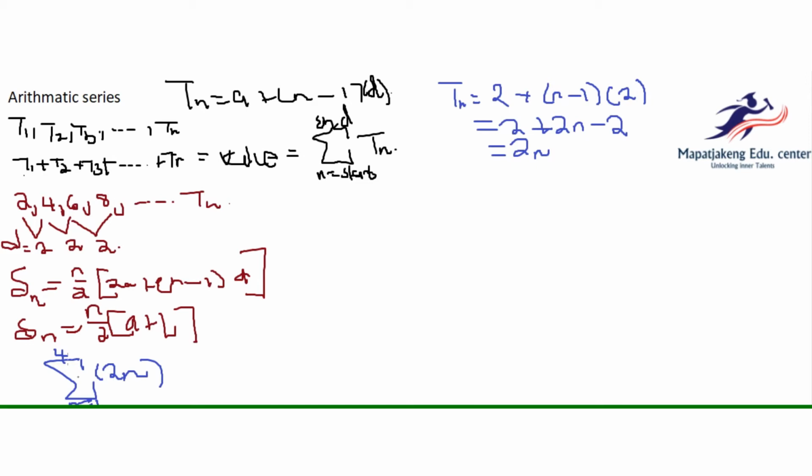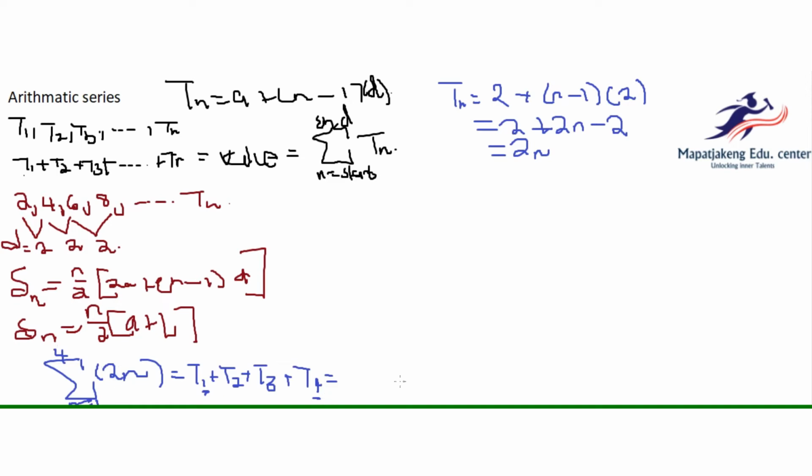Then they told us now you must add. The sigma notation means you must add everything, meaning from T1 to T4, it's T1 plus T2 plus T3 plus T4. That's all it means. We started at 1, we ended at 4.